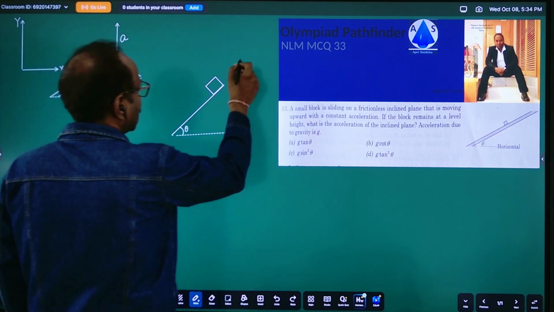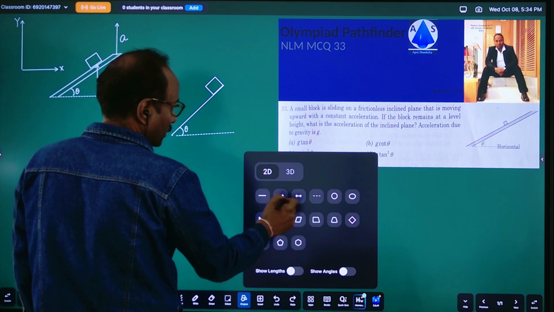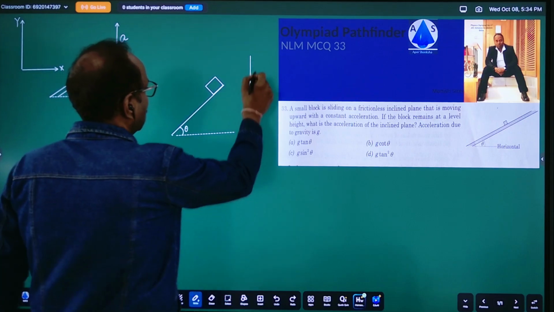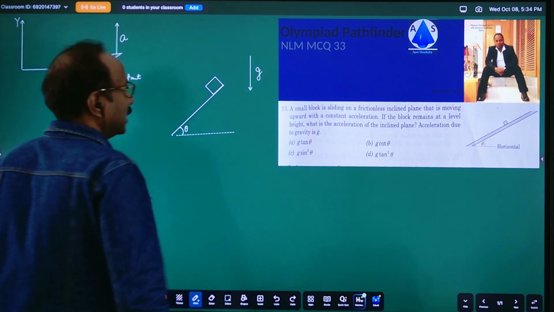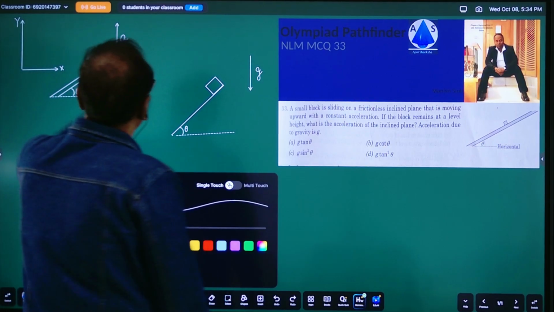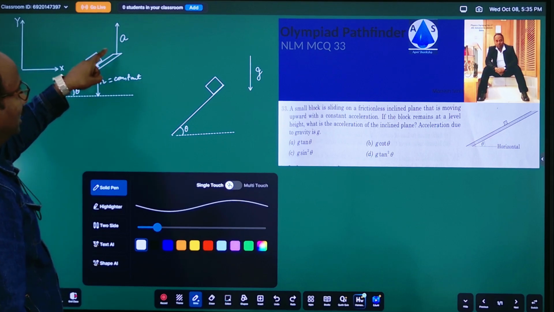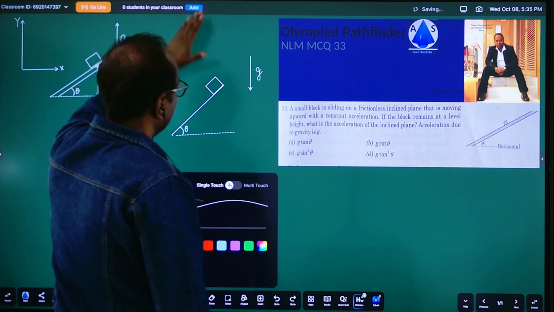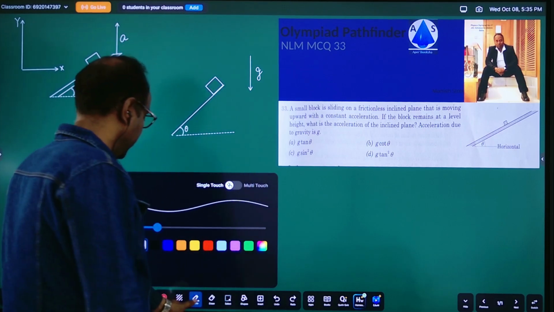One is due to Earth's gravitational field g, and the other is a, that is because of the motion of the inclined plane itself in the vertical direction.